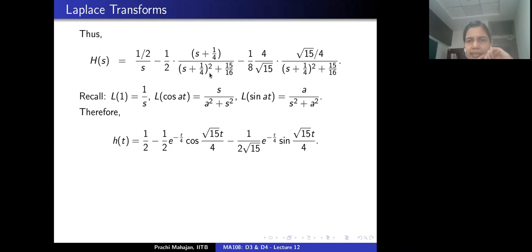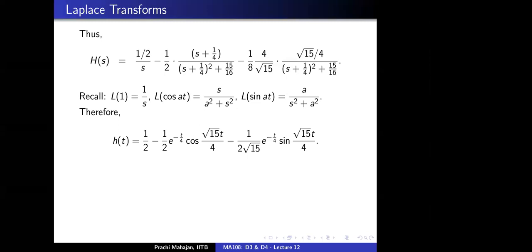Likewise, all of these constants are reflected as they are. And then I have a sine root 15 by 4 t multiplied by an exponential minus t by 4. Correct? Is that okay? Yes.